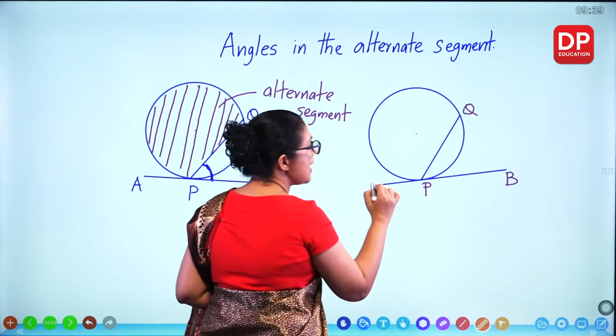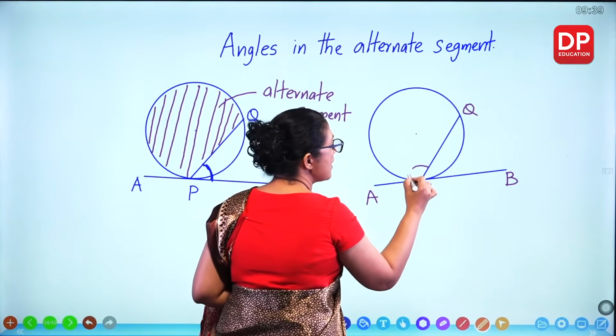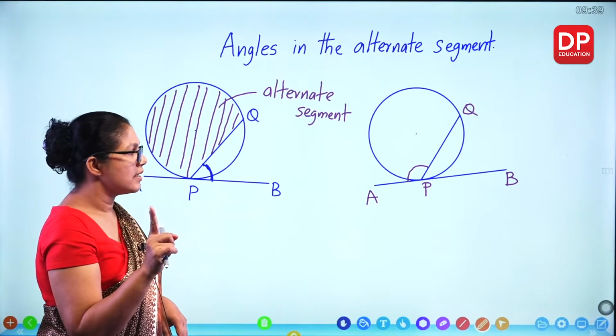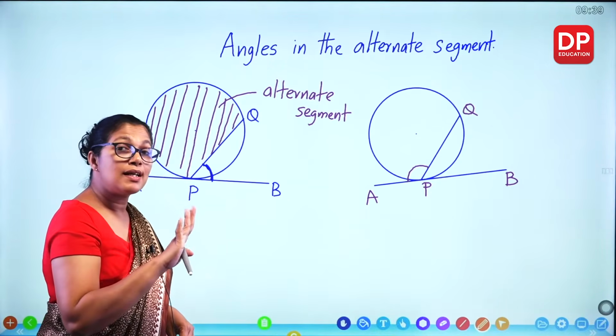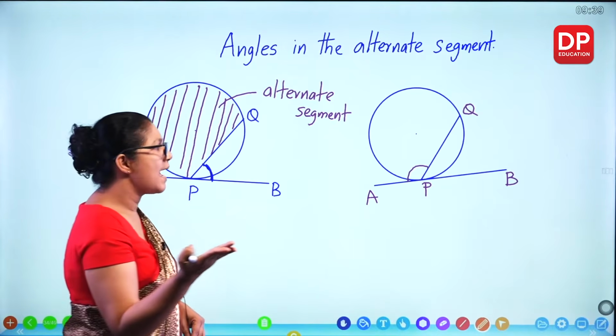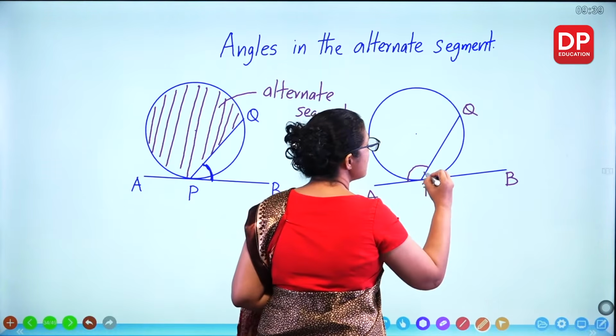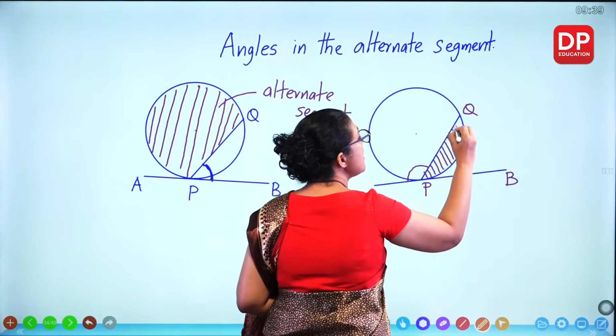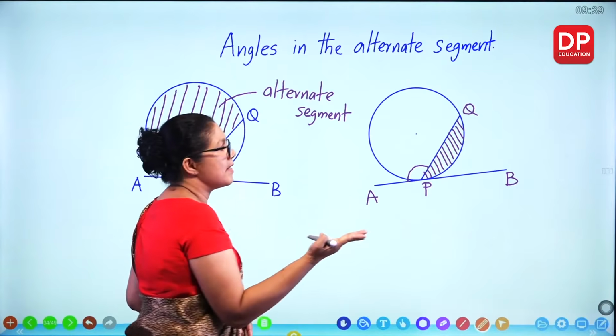If you are looking at APQ angle, the angle between the tangent and the chord, what's the alternate segment for that angle? That's this part.